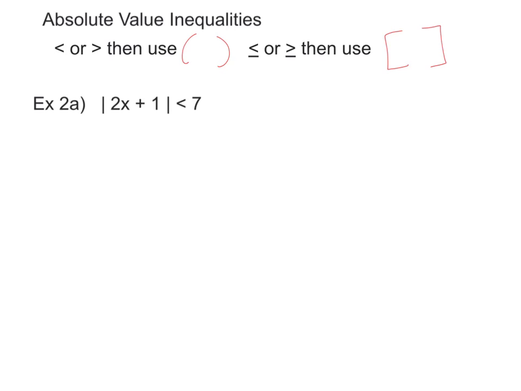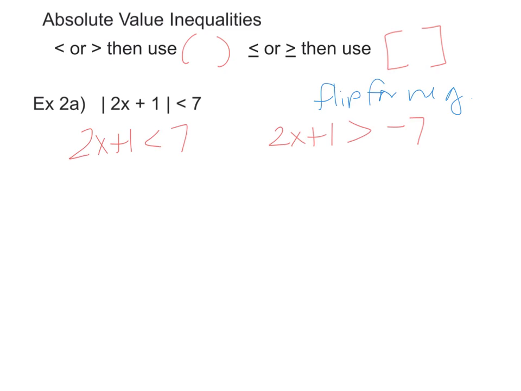So with our absolute value, if I break this up, I get 2x plus 1 is less than 7, but whenever you come over here to the negative sign, you need to flip for the negative, because technically what you're looking at here is when is this 2x plus 1 going to be negative, because remember the inside is where you have the positive and the negative. So the guts of your absolute value is the positive and negative. So flip for the negative. That's the key here.